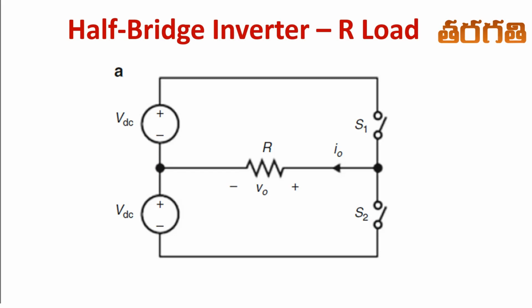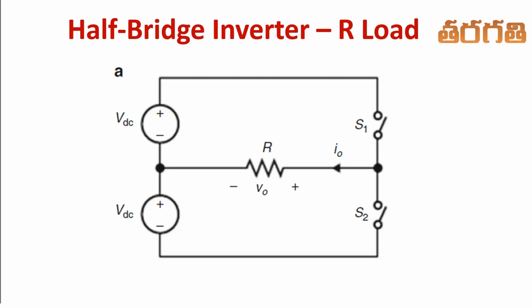Here you are seeing the polarity of the input voltages, so the load voltage polarity is also given such that the right side terminal of the resistor R is assumed to be positive, and the left side terminal negative.